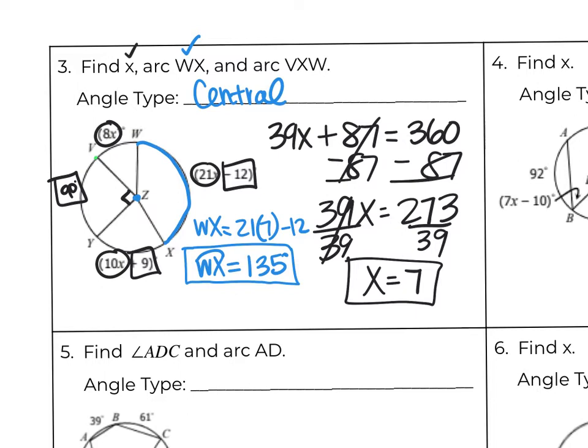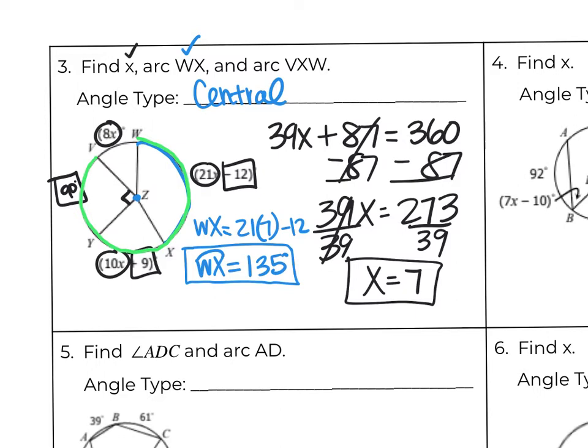If I go VXW, why would I not do that? It's more than... yeah. So which way should I go? Left here: V, then X, then end at W. Remember the endpoint should be where you end when making that arc.